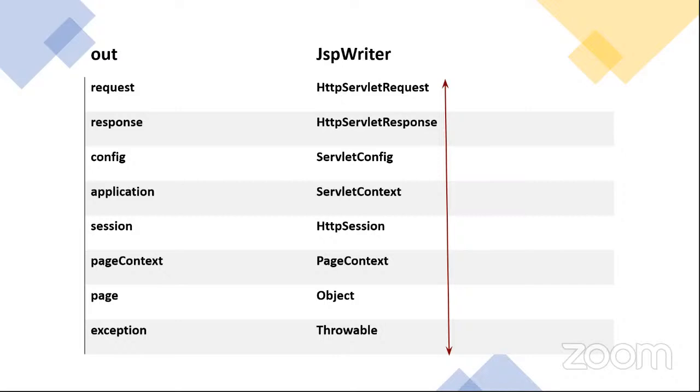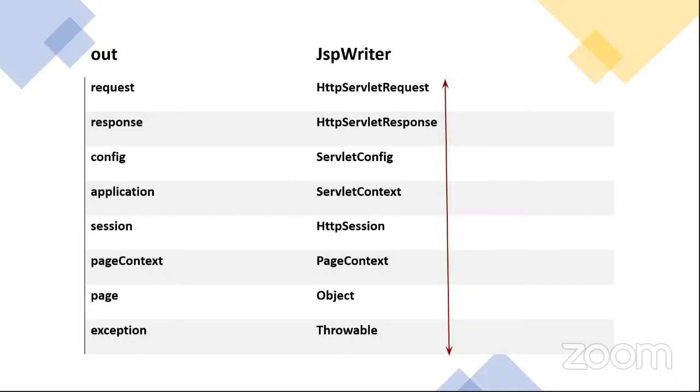And session. As we have learned in the previous session, session is basically used for maintaining user data, especially on the server side, and this object is from the HttpSession interface.